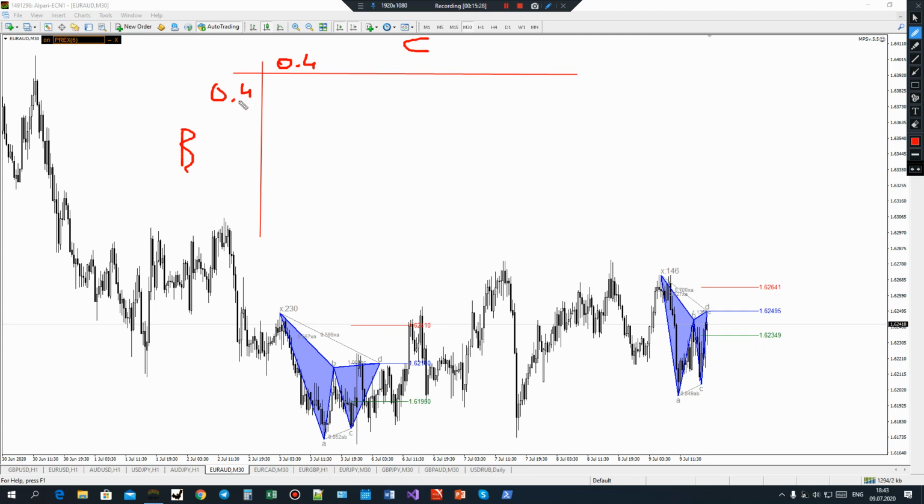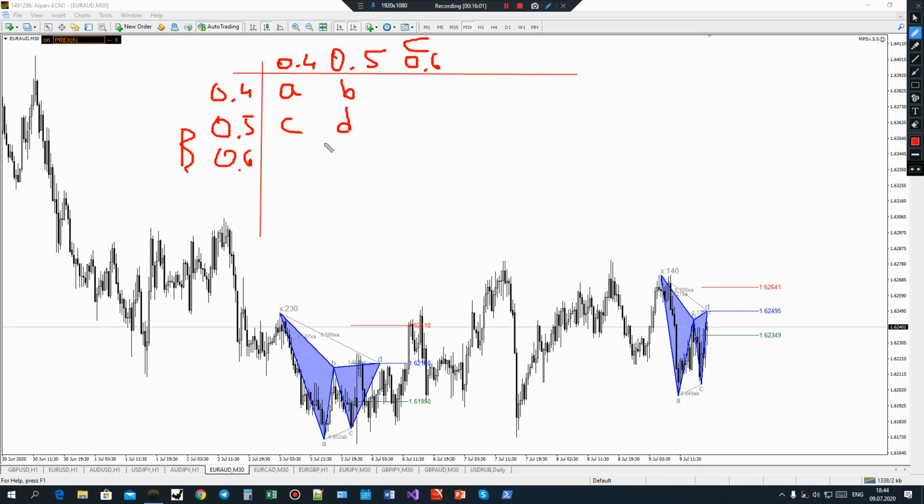So the ratio of this 0.4 at the B point and 0.4 at the C point, let it be the A. Then we have 0.5, probably 0.5 here. Yes, so we have 3 more combinations. This one is B, this one is C, this one is D. Then we have 0.6, here 0.6, and we have 3 more combinations.